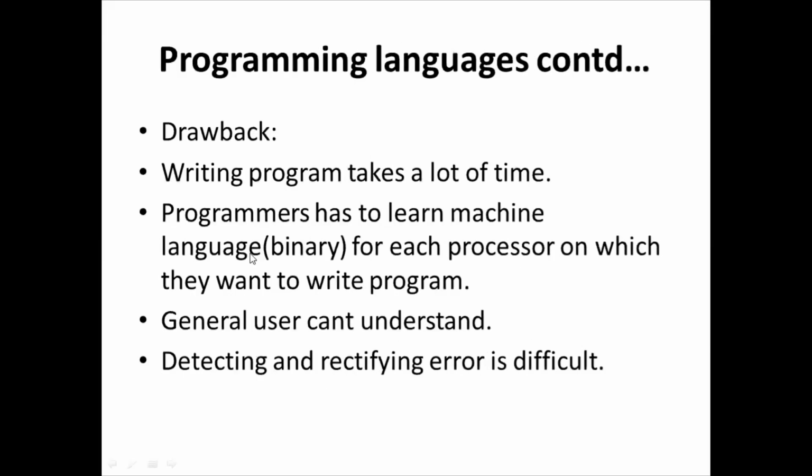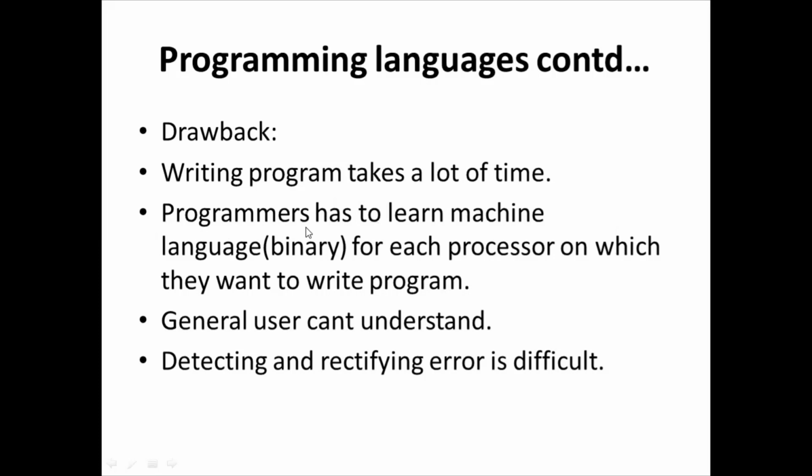But there is a drawback also. Writing a program takes a lot of time because the program has to be written in the binary format, that is zeros and ones. Programmers have to learn machine language, that is binary, for each processor on which they want to write a program. So the programmer has to learn the binary language, otherwise he cannot write the program.